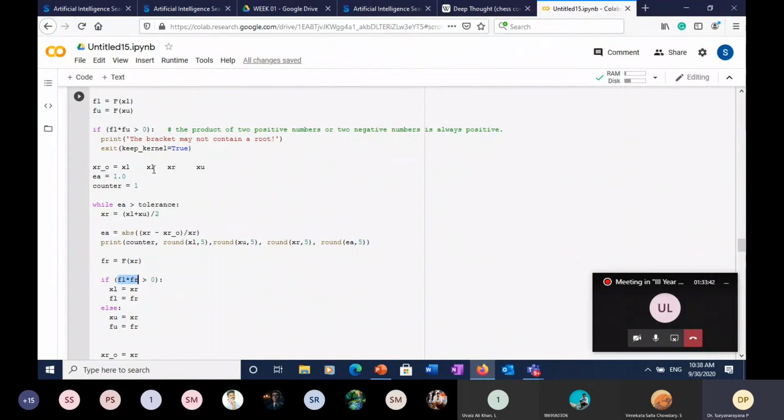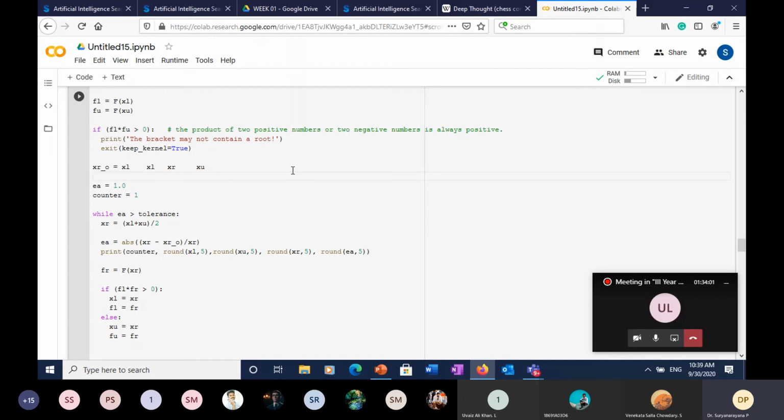If the function values at XL and XR have the same sign, that means the root is not here. So we have to replace XL with XR. If that is the case, we make XR as XL and XU stays.